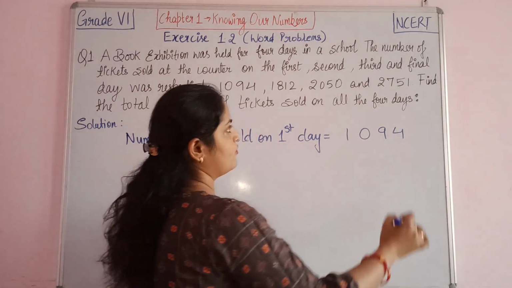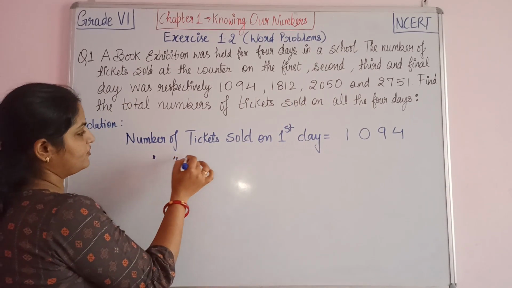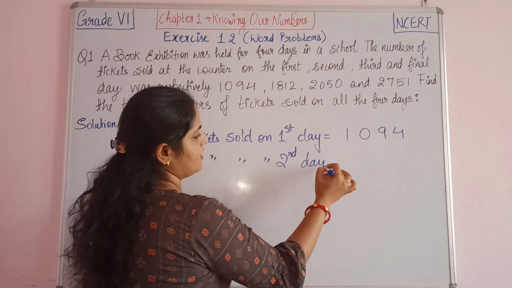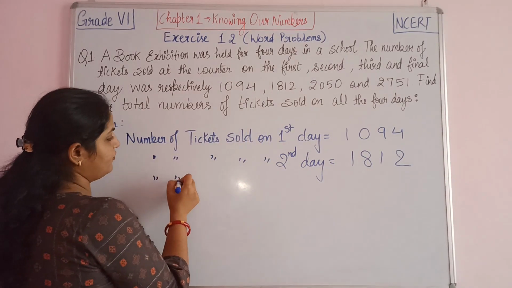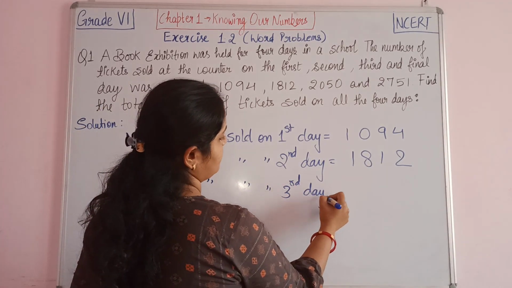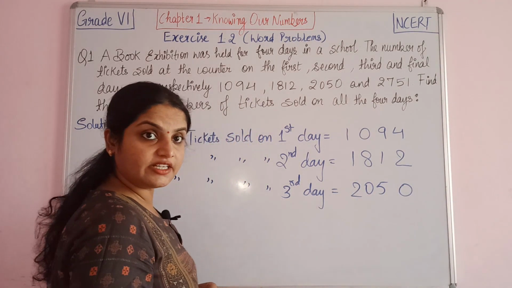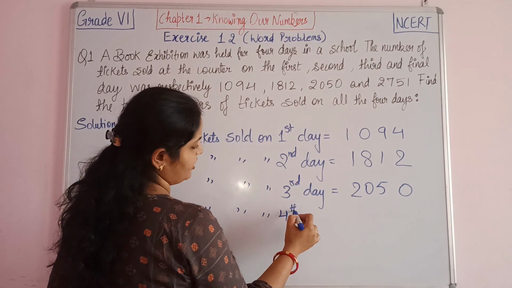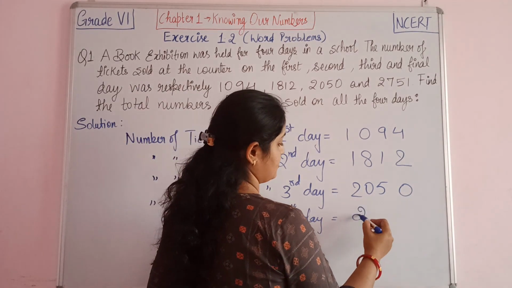What are the number of tickets sold on the second day? 1812. Number of tickets sold on third day is 2050, and on the final day, last day, number of tickets sold on fourth day, or you can write final day also, both are correct, is 2751.